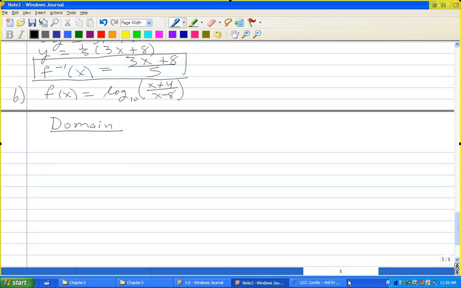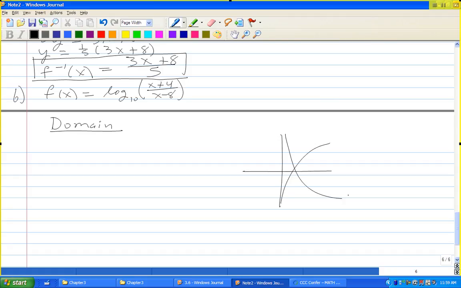If you recall, for a logarithmic function, the function looks like this or like that.